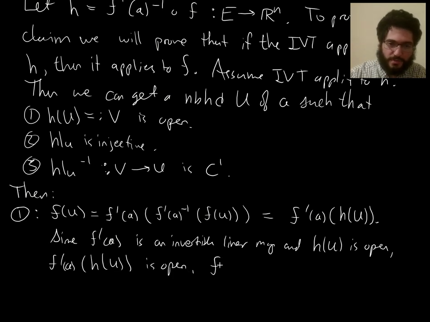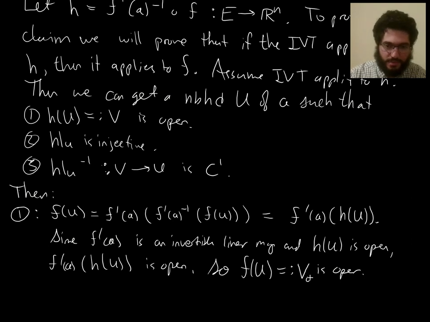Therefore, f of u is open. And let's give that a name. Let's not call it v, since that's what we've called h of u. Let's call it v naught, I guess.